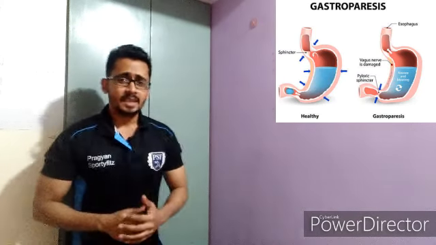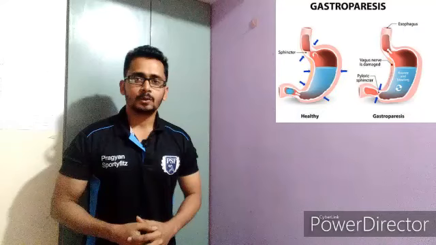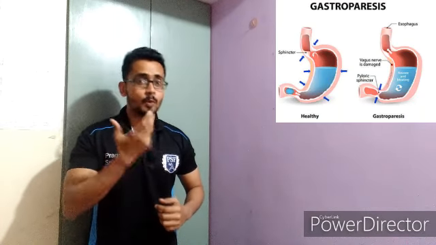In gastroparesis the entire thing is totally different. So what are the differences? First, once we have food, the food easily comes back to our mouth once again, through the esophagus.